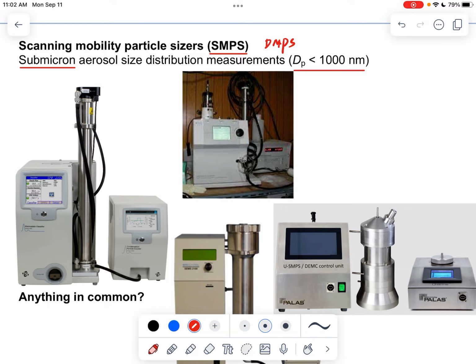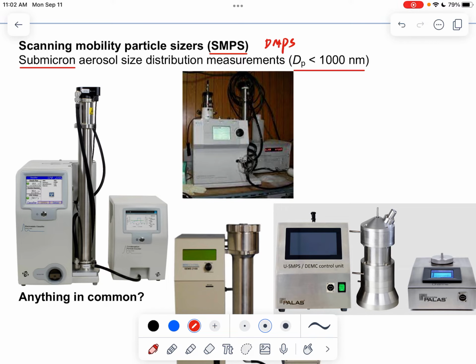The unknown parts are this box, which we call the electrostatic classifier, and the column here, which is called the differential mobility analyzer. And then, of course, we have this CPC here.